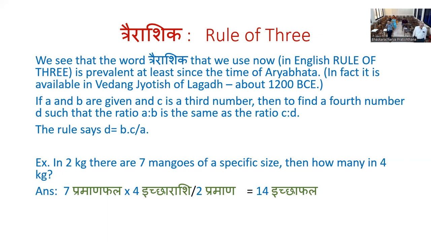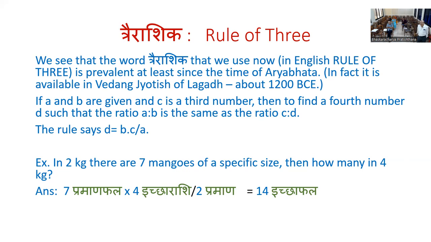And this is given here. So basically, example is if there are 7 mangoes in 2 kg of a specific size, then how many mangoes are there in 4 kg? So he has used this terminology, Ichha phala. Ichha phala means whatever you want. Ichha Rashi. 4 is Ichha Rashi, that is the Rashi for which you want the answer.